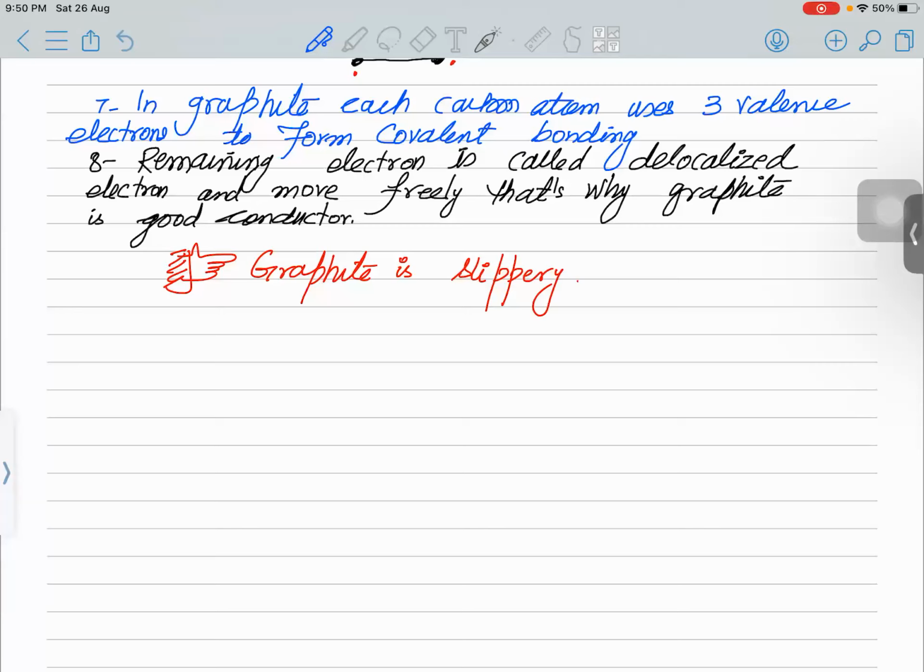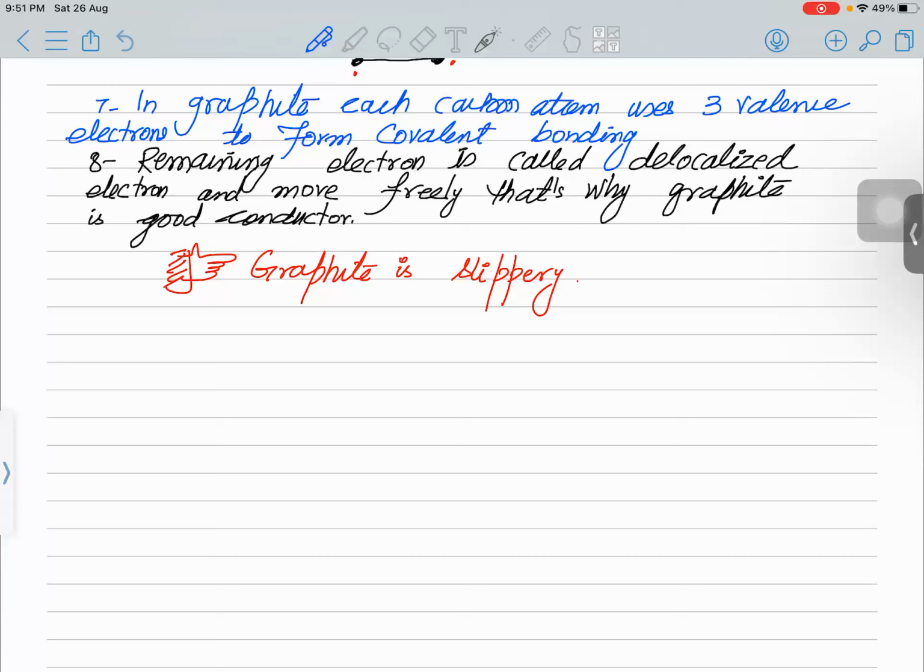You know that in the pencil you have a graphite lead, right? You can write with the help of the graphite pencil. So the question is why is graphite slippery? Any answer? Sir, I don't know.